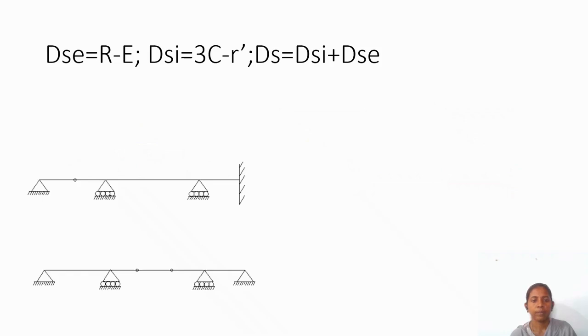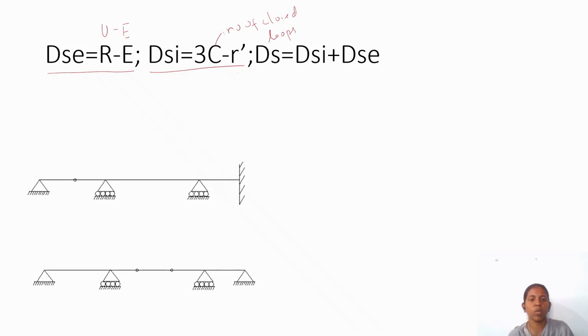Next, for beams. For beams, DSE has a common formula, U minus E or R minus E, both are the same. U is otherwise called the redundant R. From the previous video lectures, we can understand static internal indeterminacy is 3C minus R dash, where C is the number of closed loops.